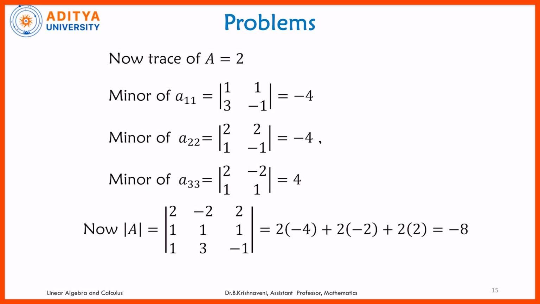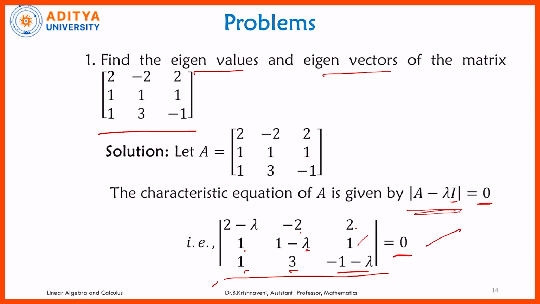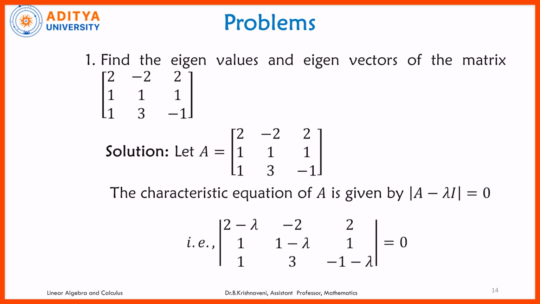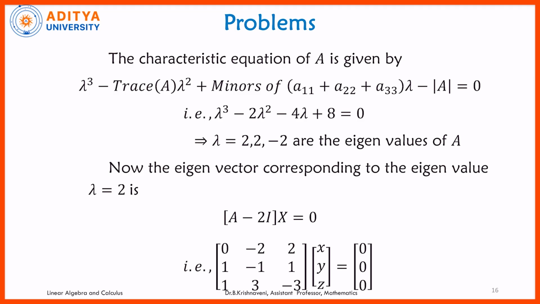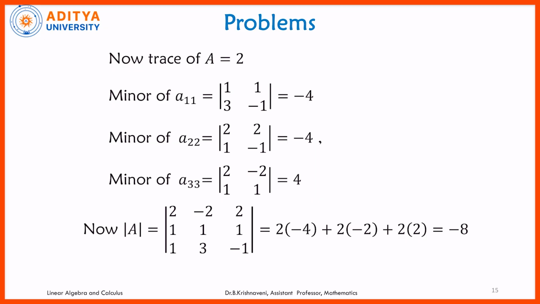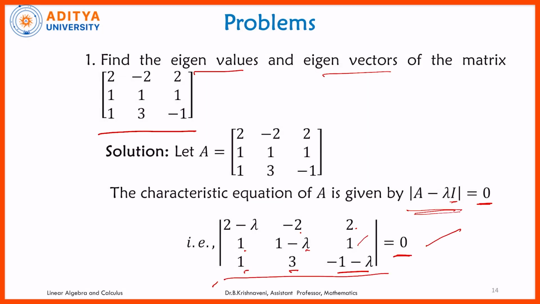In order to find the roots of this equation, first of all we need to find the determinant of this matrix. For that, we use this formula, which is used to find the determinant of a 3 by 3 matrix.